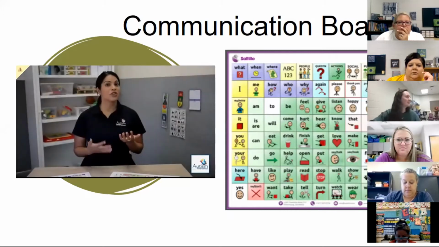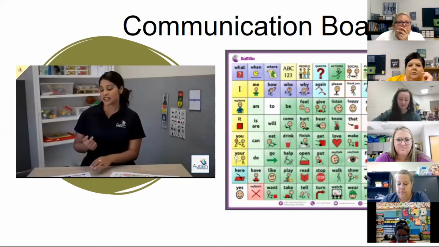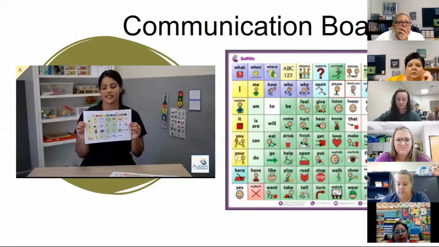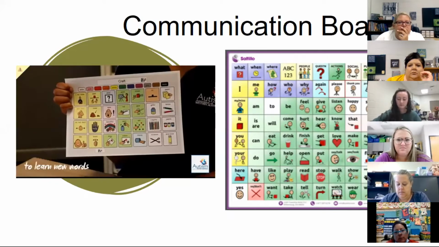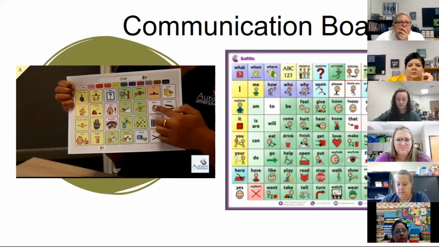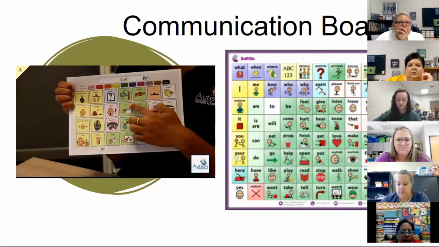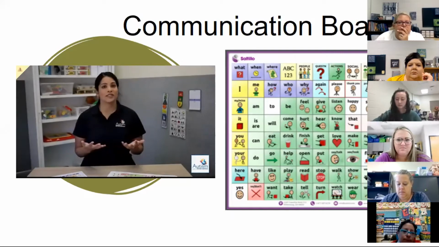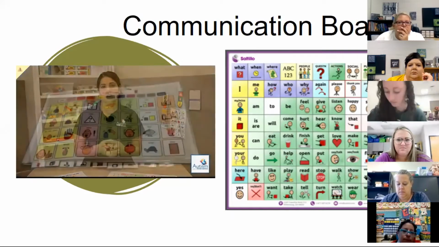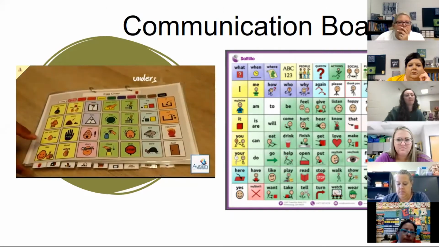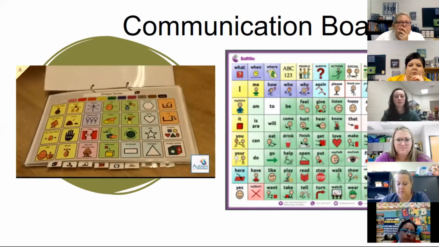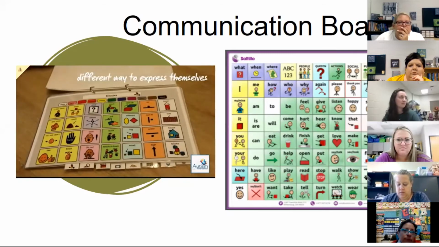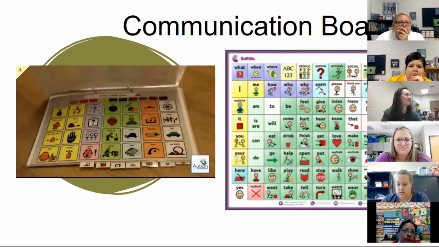A communication board can also be made just with words for a specific activity. Like here's a board with words just for craft. So I can use this board when I'm learning new words about craft activities like glitter, open, and cut. A communication board can be useful for lots of different reasons. It can help a child process language. It can help them to understand new words, so build their receptive language. It can also show them a different way to express themselves by using augmentative and alternative communication.